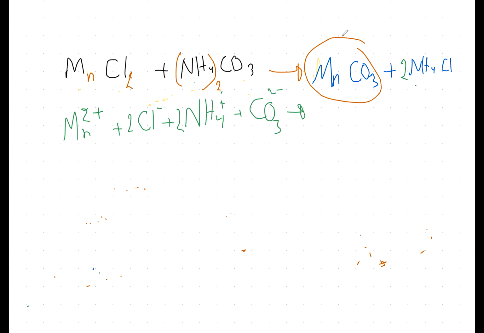Carbonate, if I give you one like this, it's not good enough; I have to give you one that contains more elements. It's not written that carbonate with manganese will be a solid, but this one is solid, so it will stay as it is.